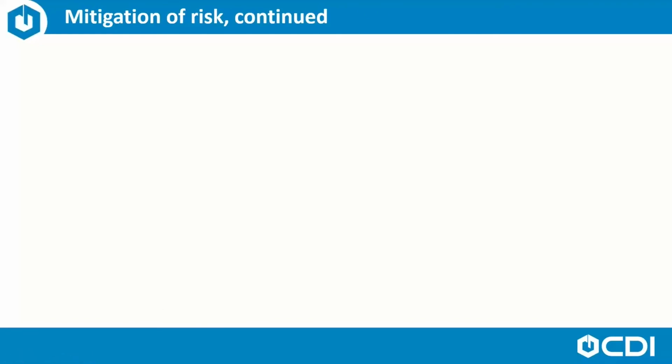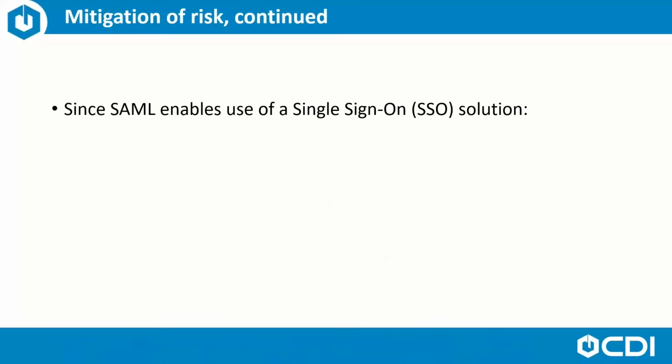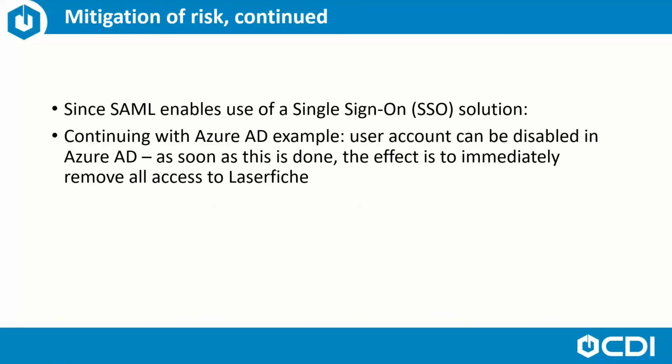Continuing on our risk mitigation topic, because SAML enables us to use a single sign-on solution, if that user account is disabled in the identity provider, in our case, Azure AD, as soon as that is done, the effect is to immediately remove all access that user has to Laserfiche, right?